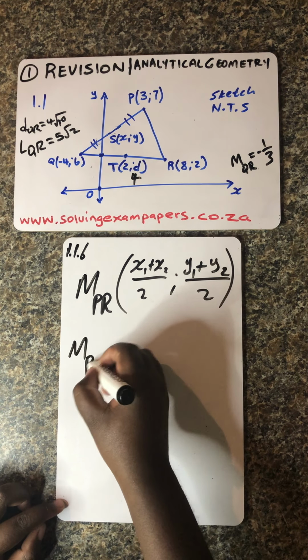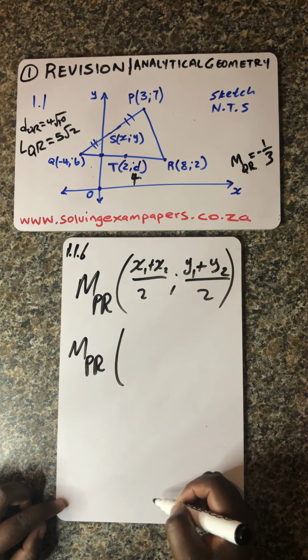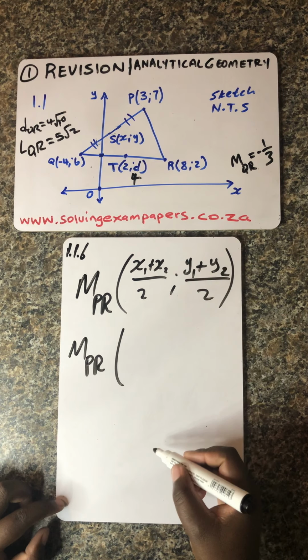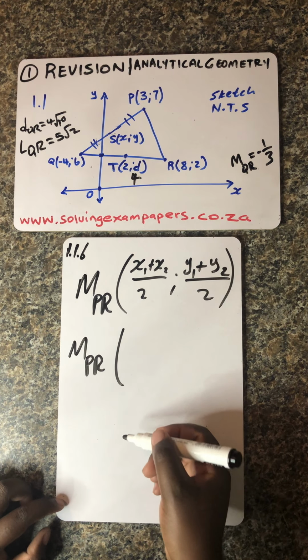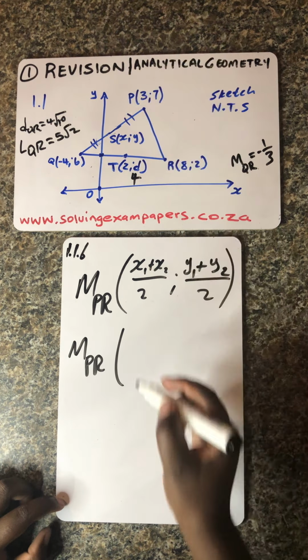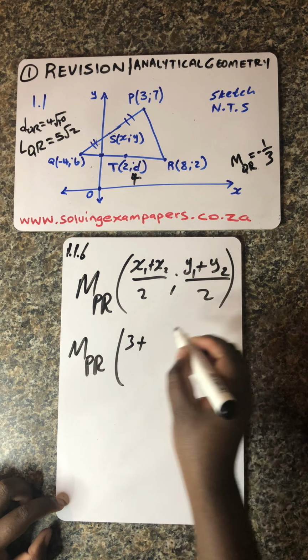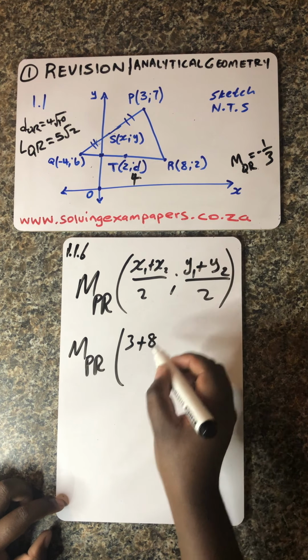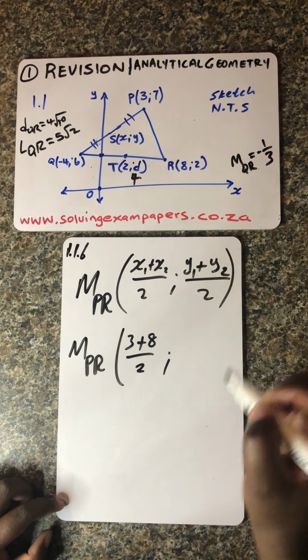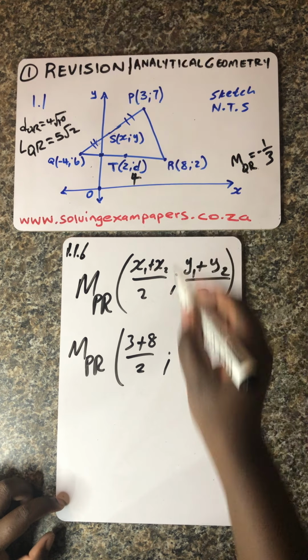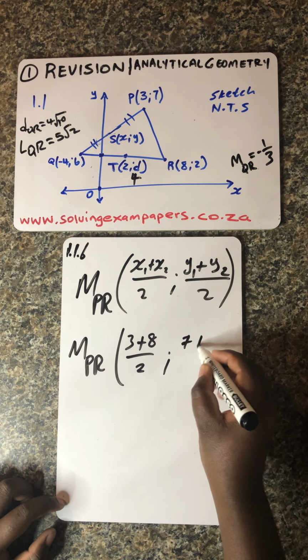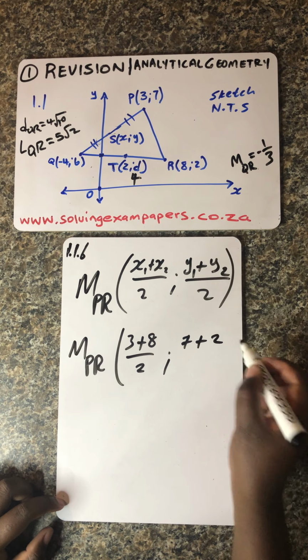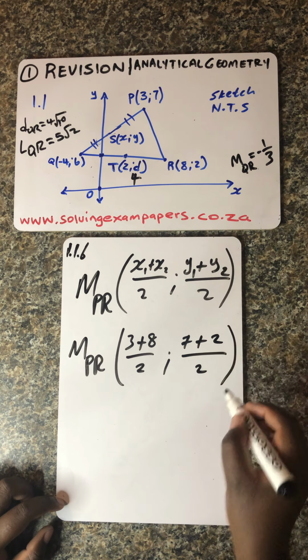Midpoint of PR, ladies and gentlemen. Obviously, you know your coordinates, you just substitute. So obviously, you can take 3 as your x1 plus 8 as your x2 divided by 2. You take 7 as your y1 plus 2 as your y2 over 2.